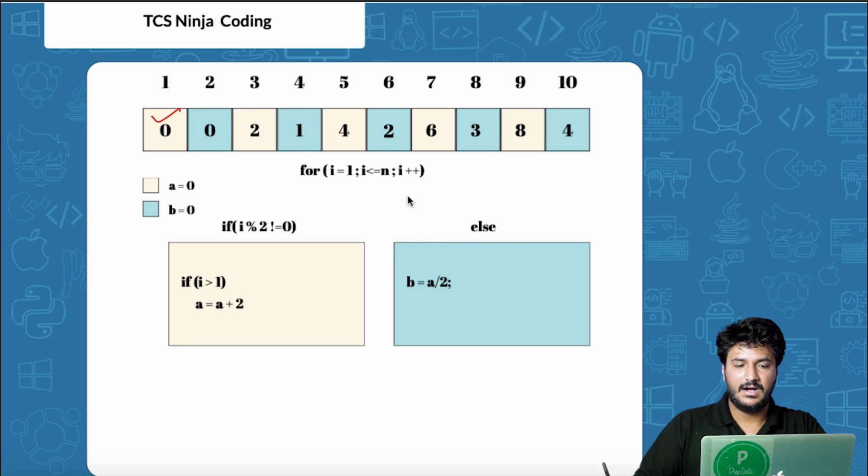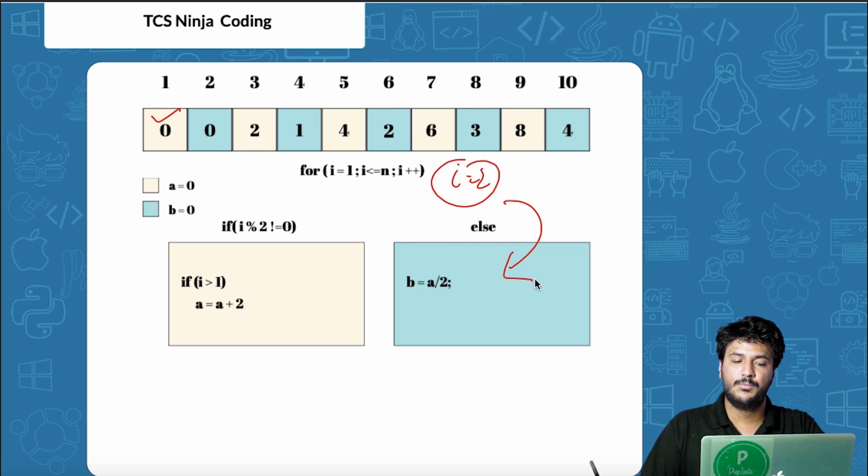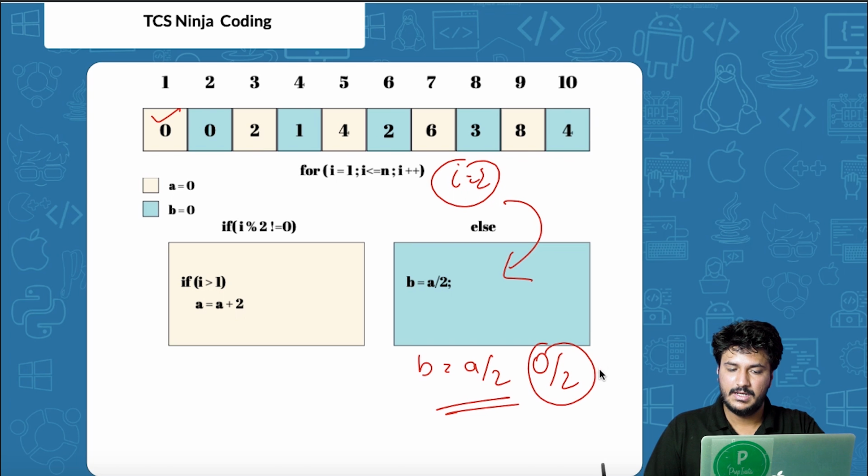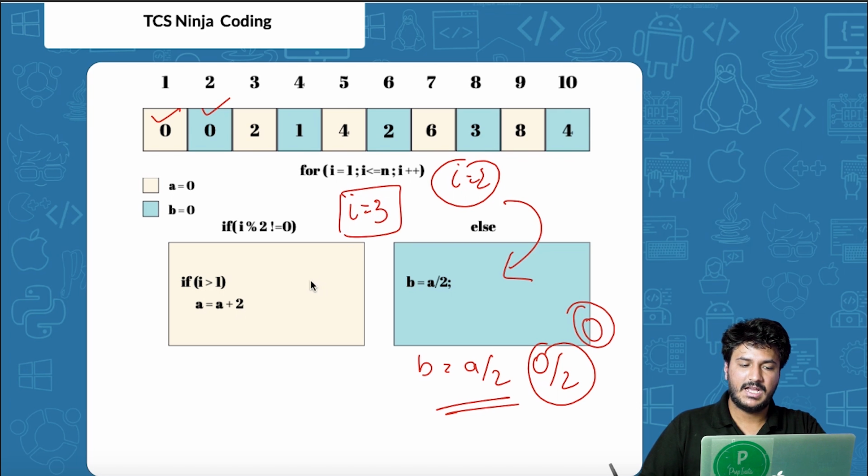Then again, when i value is 2, obviously it goes back to this loop. So what we are doing is b is equal to a by 2, correct? The a value previously was 0, so 0 divided by 2 is 0 again, so this is also printed. Then when i value becomes 3, it goes inside this loop.